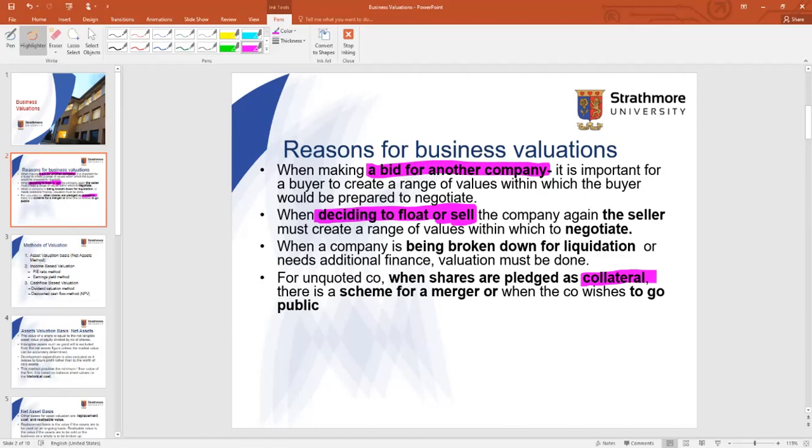So for all these reasons and many other reasons, you may want to determine the value of our company, of our department, of our branch, for example. So the need for valuation is quite diverse. In the case of a partnership, in case one partner wants to leave the partnership and the others don't want to liquidate, they want to pay off the partner who wants to exit. You need to have the value.